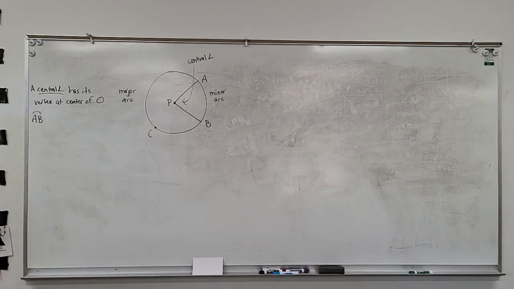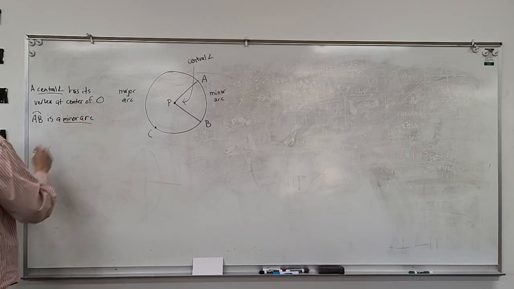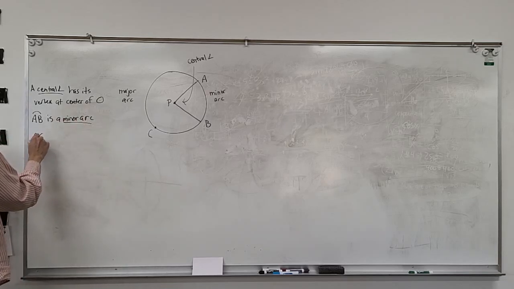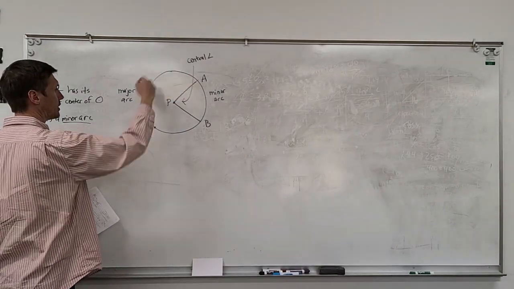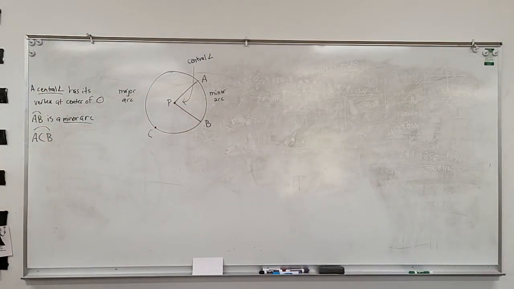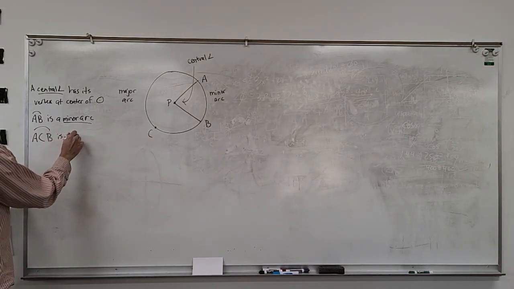Arc AB, so it's like AB with a little rainbow over the AB. That is what we call a minor arc. And then I could designate arc ACB. That's why we put that extra point out there, so we would know. We couldn't just say AB because we'd wonder, is it this way or is it this way? So we put that point C out there so that we could say arc ACB is a major arc.